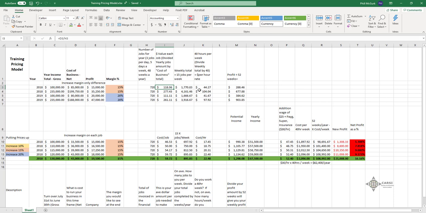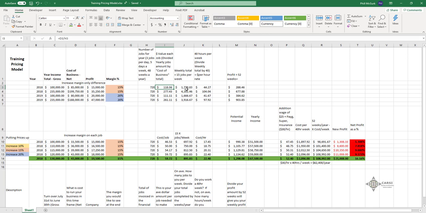Now we can cut that down to work out how many hours are in the week. Let's say we only work a 40-hour week. We don't work overtime, we don't work weekends. So we've done 40 hours for the week. We're just going to divide this number by 40, which gives us $44.27 per hour is what it costs the company to operate.